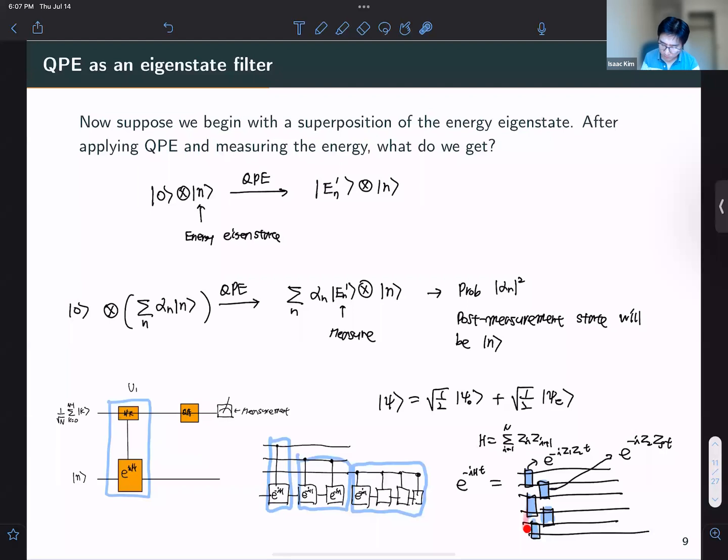So this would be a fixed time evolution, and you're just going to have to make a controlled version out of this. So how do you do that?